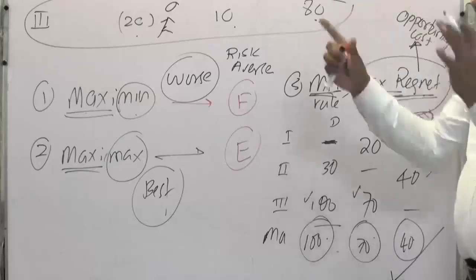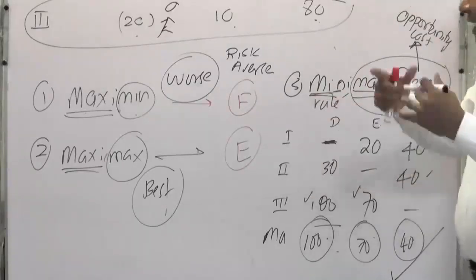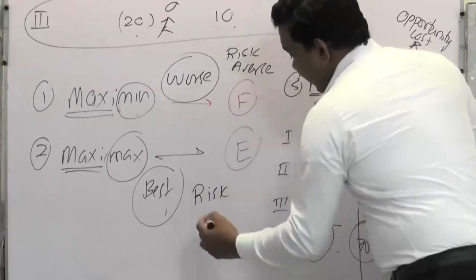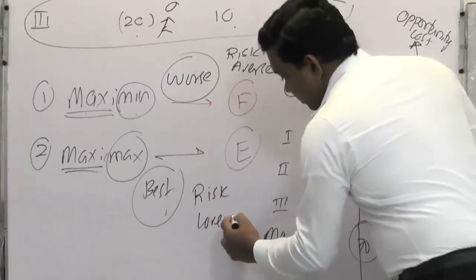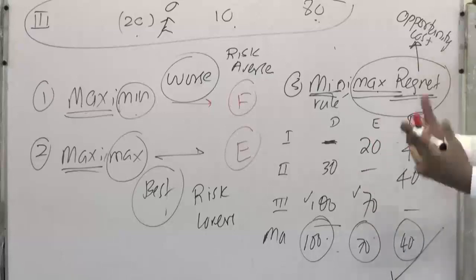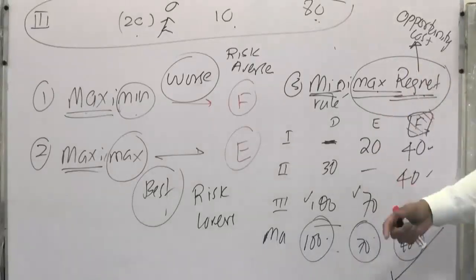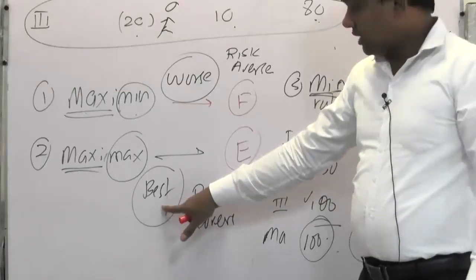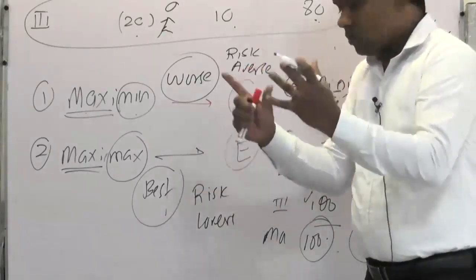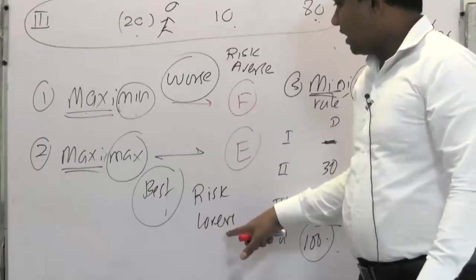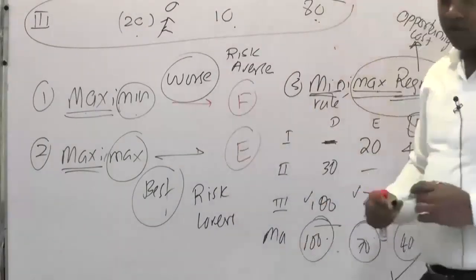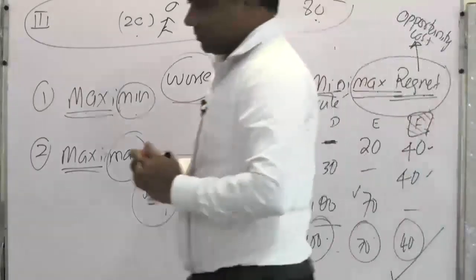But when people accept risk, the risk lovers who like to take risk and do work, they always think about the best scenario, the positive thinking, right? Positive thinking people are risk lovers, and worst scenario thinking people are risk averse. Now let's take the question.